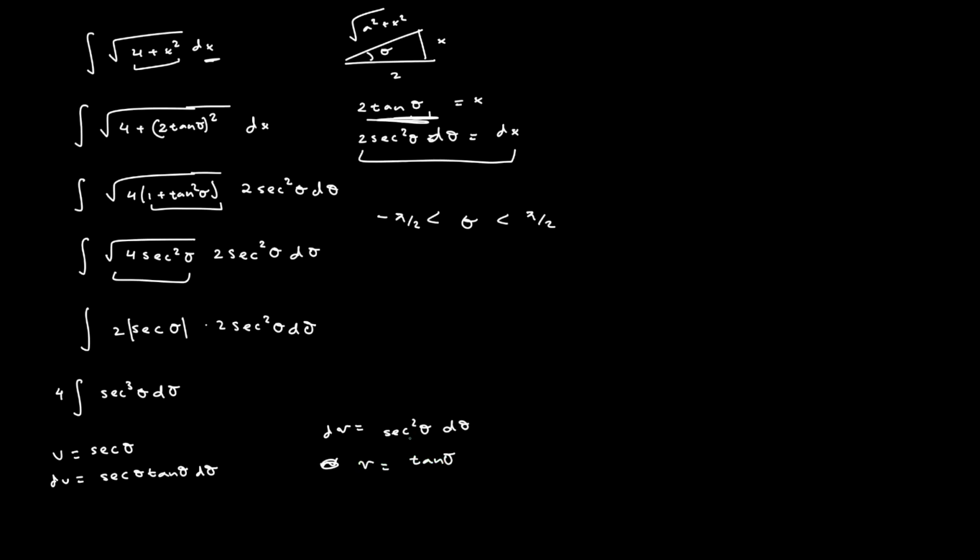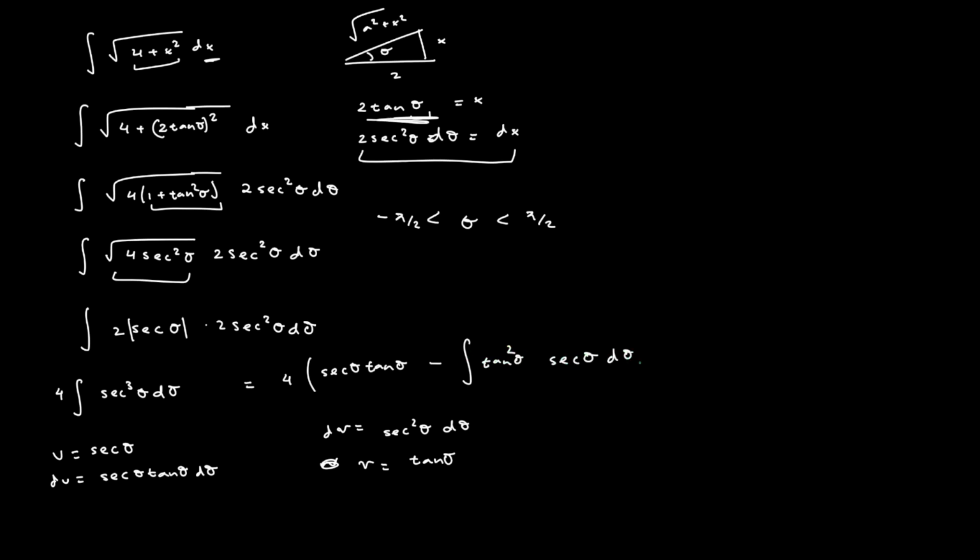And then, therefore, we can use integration by parts to re-represent this as 4 times u times v, which is secant theta times tangent theta, minus the integral of v du, which is tangent theta squared times secant theta d theta.